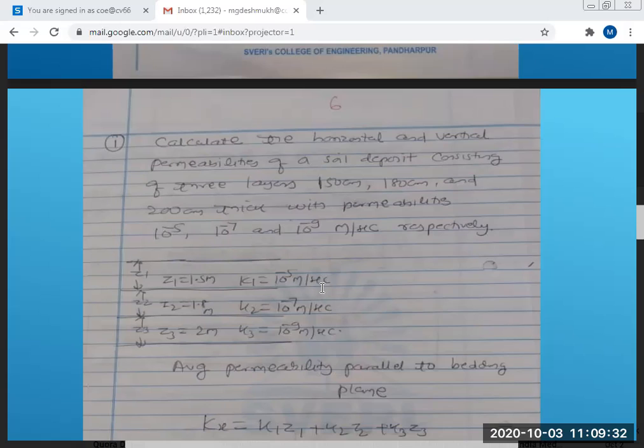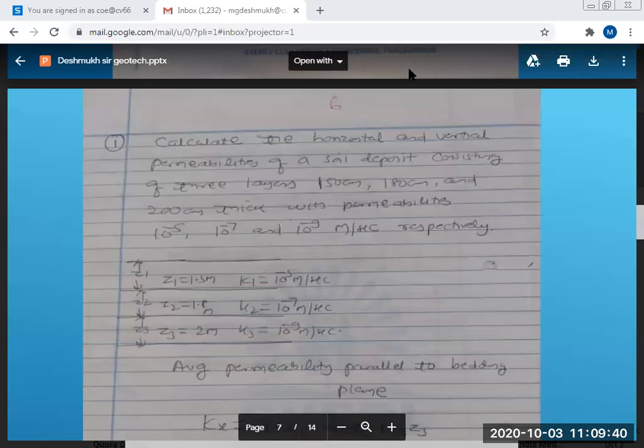K1 is 10 to the power minus 5, K2 is 10 to the power minus 7, K3 is 10 to the power minus 9.